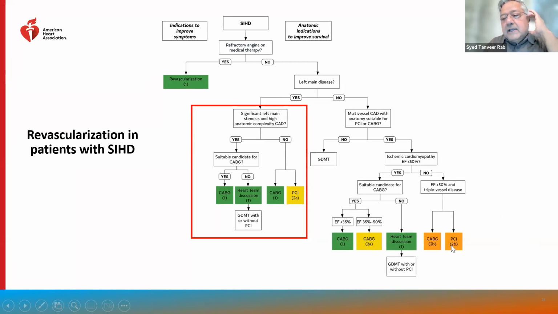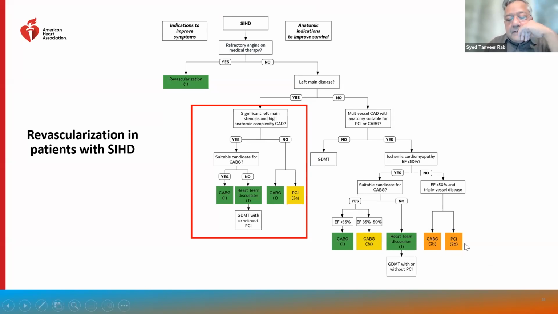our revascularization guidelines, that if you have EF more than 50% and have triple vessel disease, both CABG and PCI are equivalent. And this is where the surgeons had a big problem with the guidelines. This is a big change, where people with triple vessel disease, not involving left main, were being sent to bypass, and the surgeons always felt, despite the surgeon being a lead on this paper, that surgery is superior. But where's the data? This data was always comparing with medical therapy, never compared with PCI.